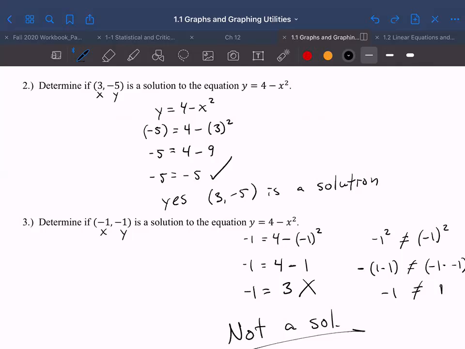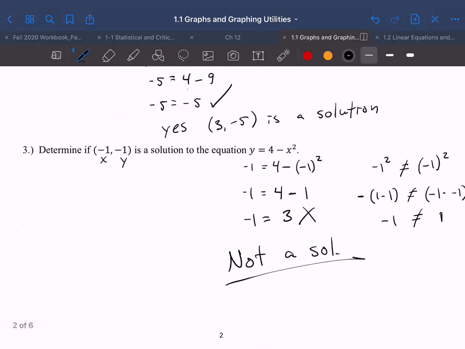Be very careful when plugging in negative numbers. So I plug in negative 5. I put parentheses around everything I plug in just to be safe. So negative 5 just stays negative 5. On the right-hand side, I plug in 3 for x. 3 squared is 9. And then I get 4 minus 9, which is negative 5. Negative 5 equals negative 5, that is true. And therefore, yes, that is a solution.